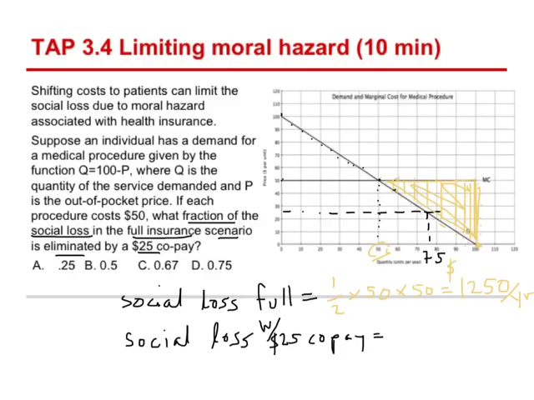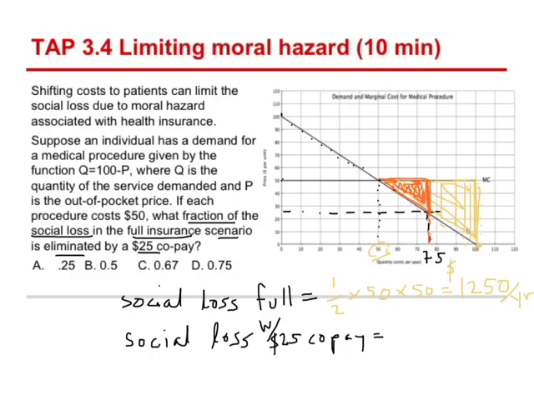Now, when we move to a system where there's a $25 copay, notice that usage falls by half. I'm going to pick a different, blazing orange here. In this case, when this person has a $25 copay, they use 75 procedures a year. By the same logic, every procedure after 50 costs more than it was valued, and we get this smaller area of social loss, this darker orange triangle.